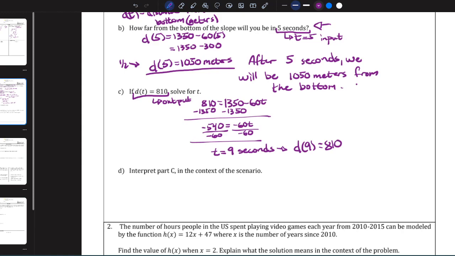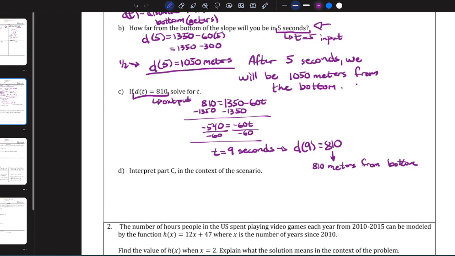And so now part D says, you've gone and solved this. Now we need to interpret part C in the context of this scenario. Well, I know that t is 9 seconds. We've already talked about that. And so building from there, I know that this is a distance. Specifically, this is that 810 meters from the bottom.